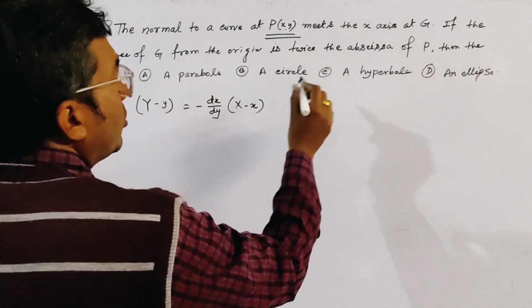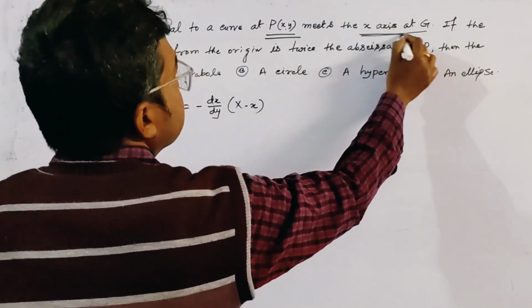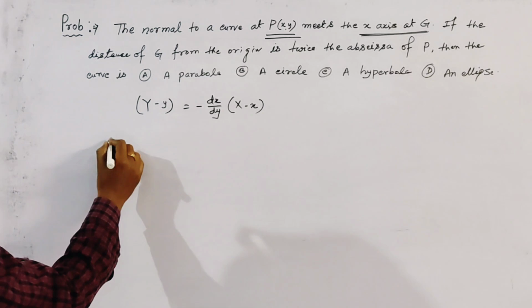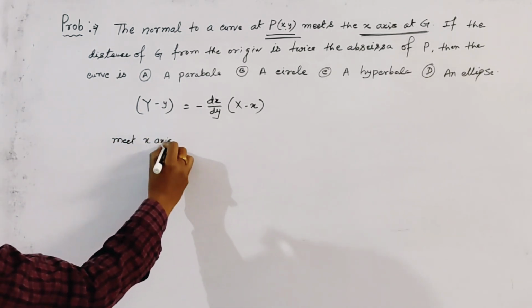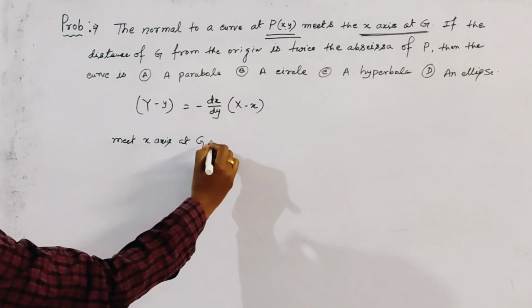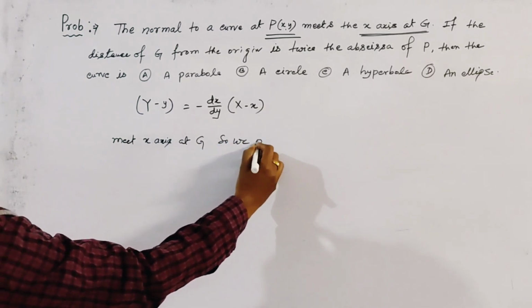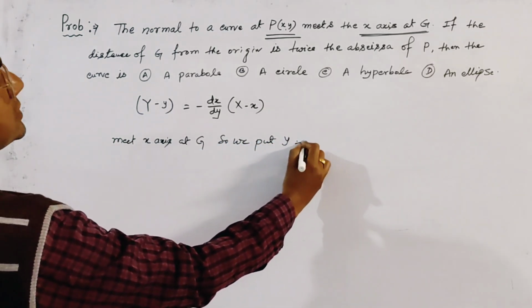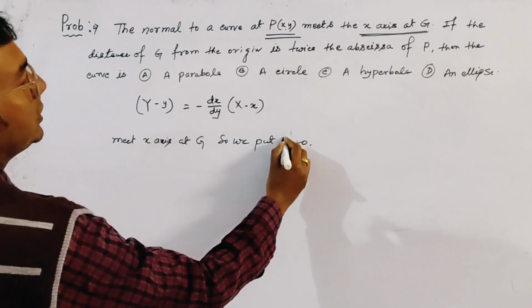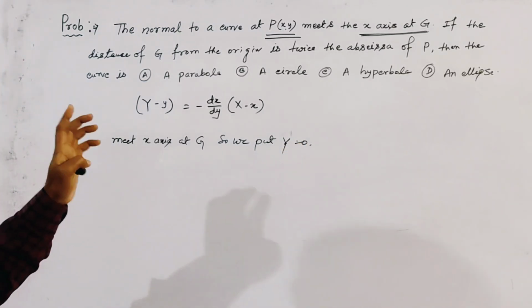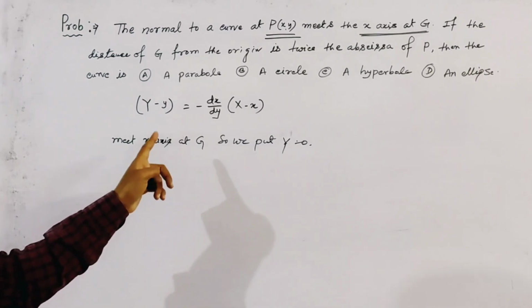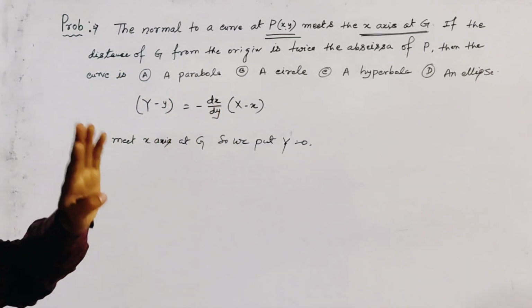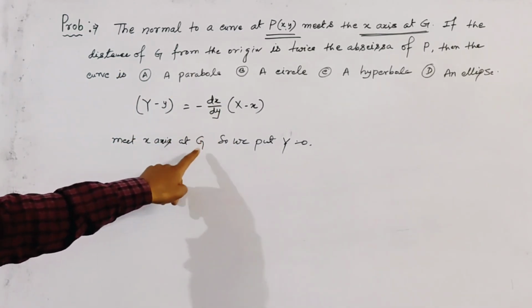Now this normal meets the x-axis at G, so we put Y equal to 0. This is not small y, this is capital Y. We put this equal to 0 to find the intersection with the x-axis, that is, to find the coordinates of G.